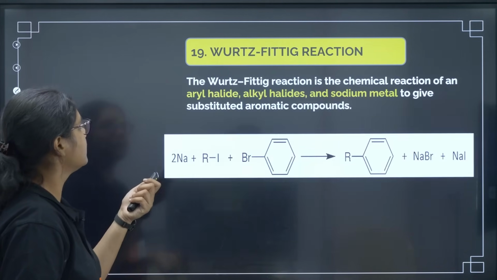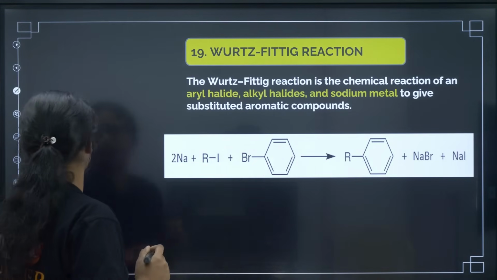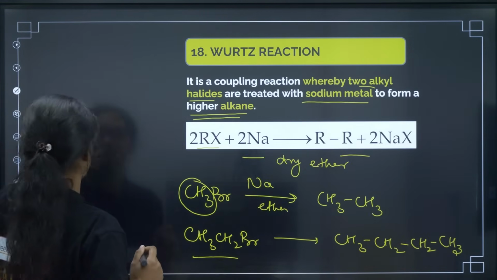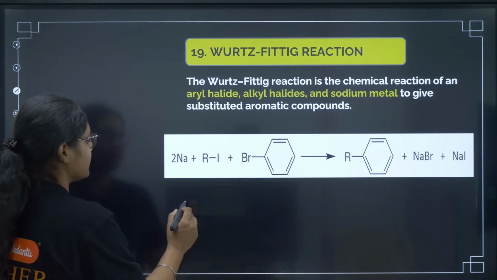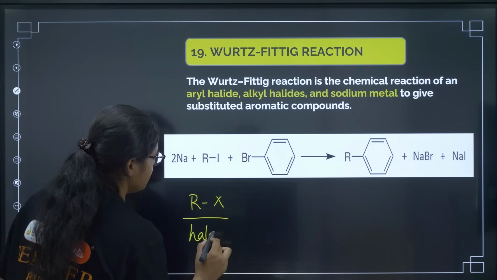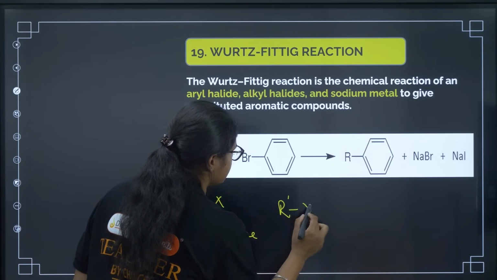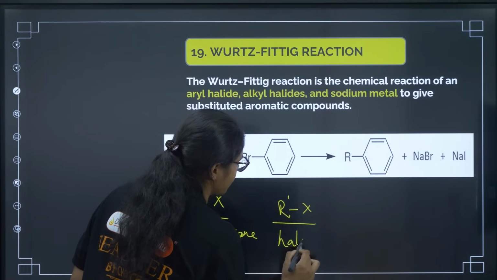Okay, now we have the Wurtz-Fittig reaction. This is very similar to the Wurtz reaction, but here you can take one R-X, which is your haloalkane, and another R'-X. This one should be a haloarene.